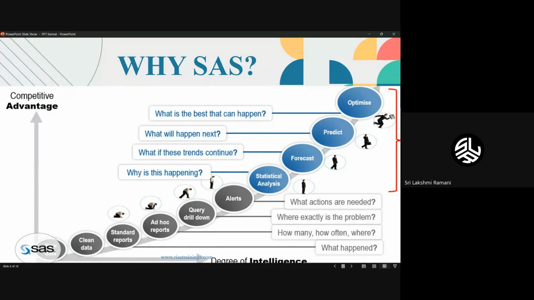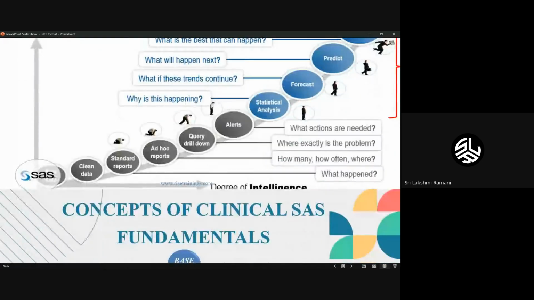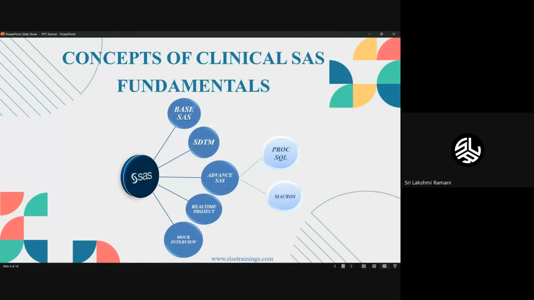So that's why we mostly use SAS for clinical data, not for other ones. For other ones, we can use Python and all, but mostly for the clinical data, we use SAS. Only we use SAS.